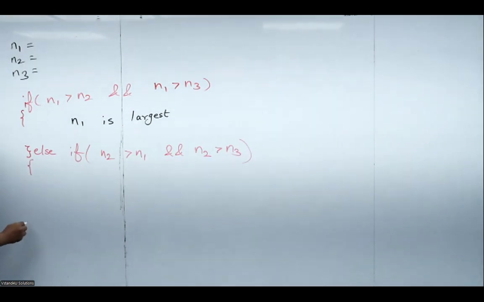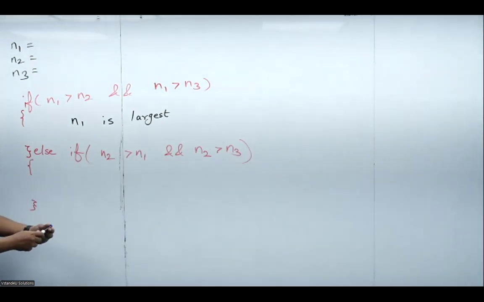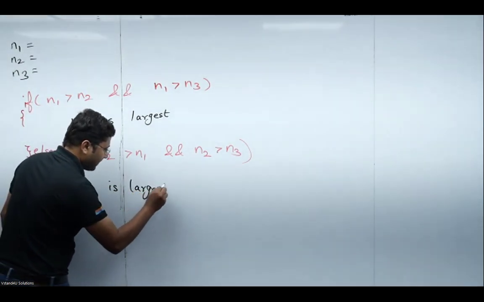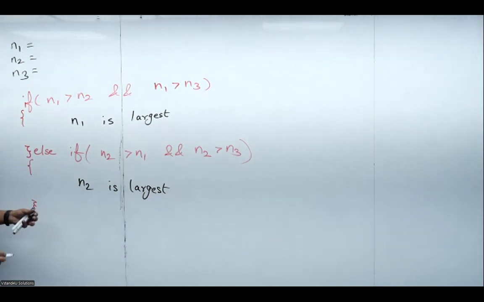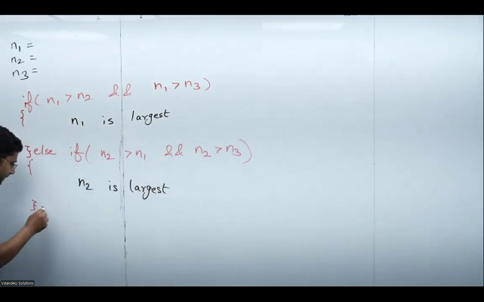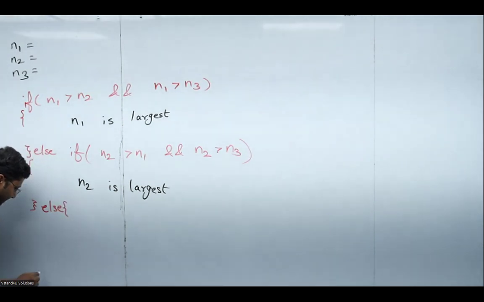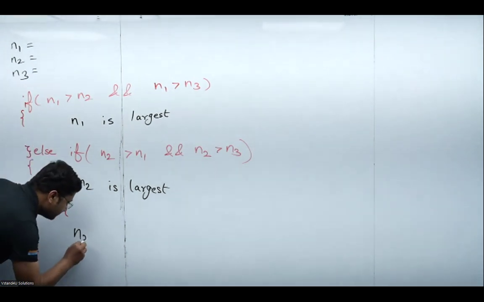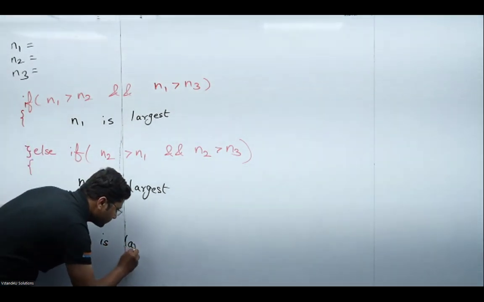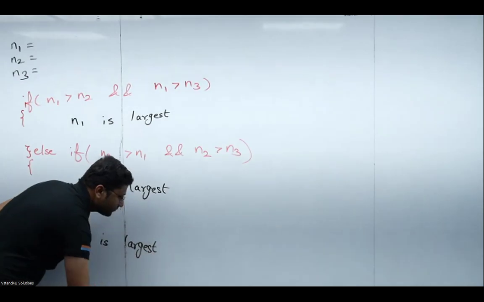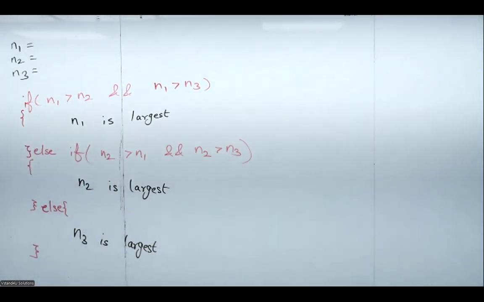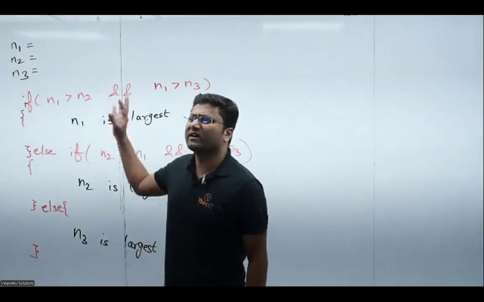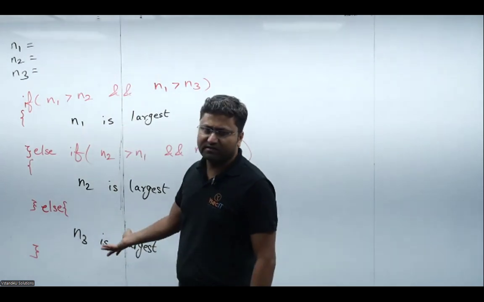If this is the condition, then N2 is largest, and you are telling other way, else part, am I right? Else, done. Can be done by each one of us. Sure, whatever numbers N1, N2, N3 are there, these are the combinations.